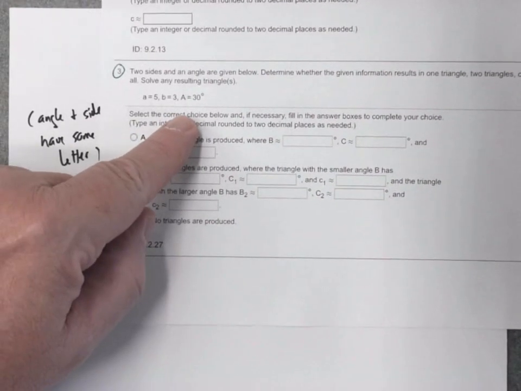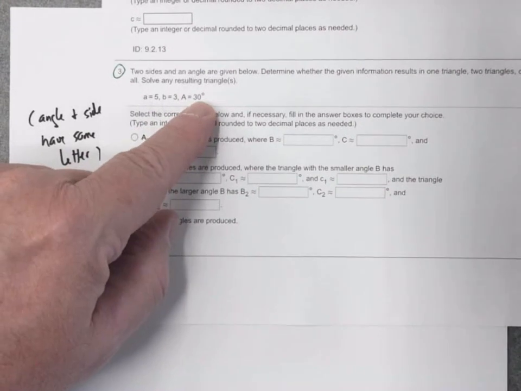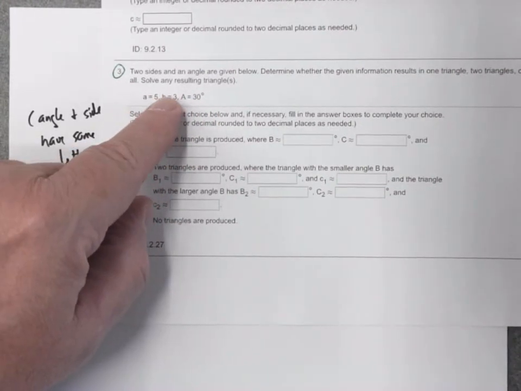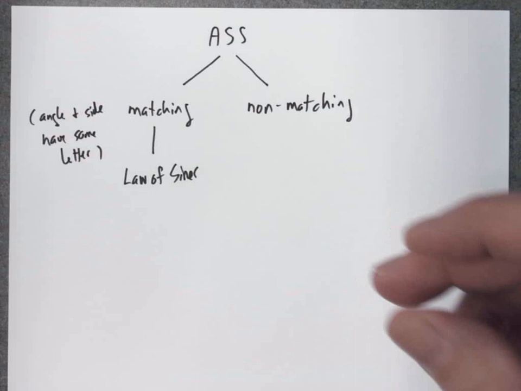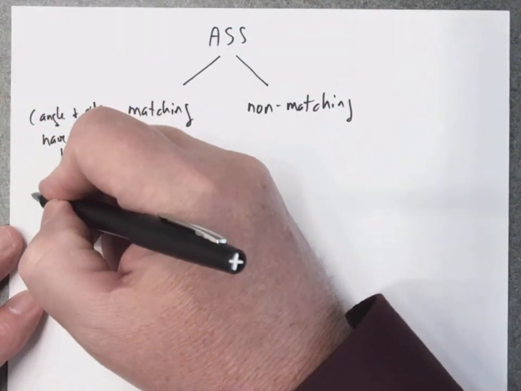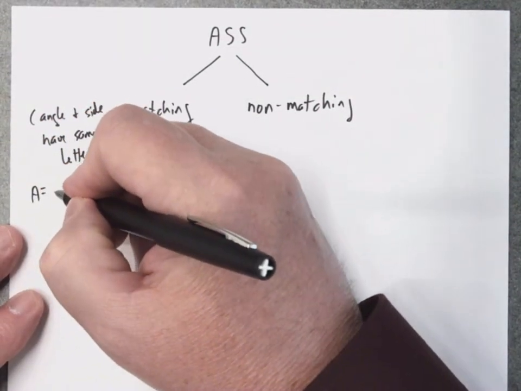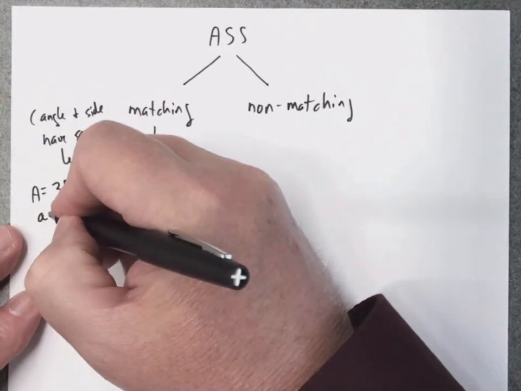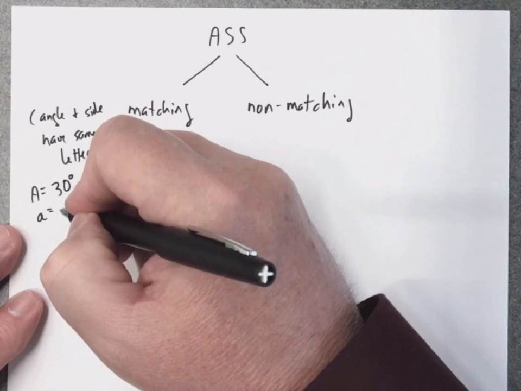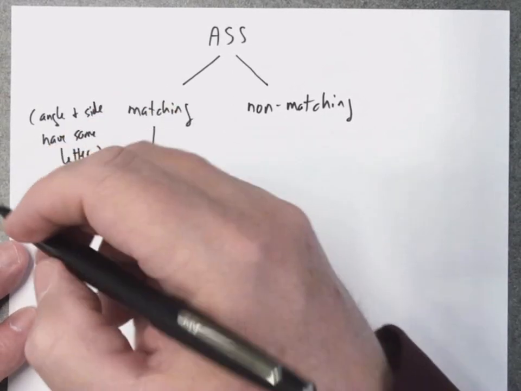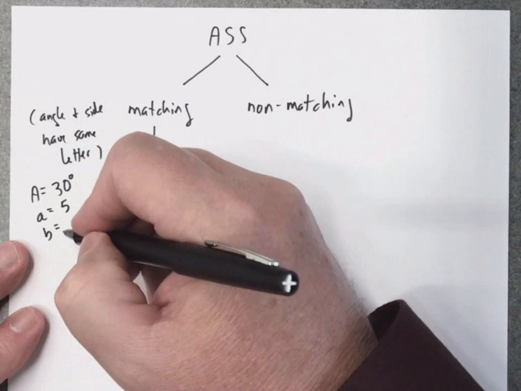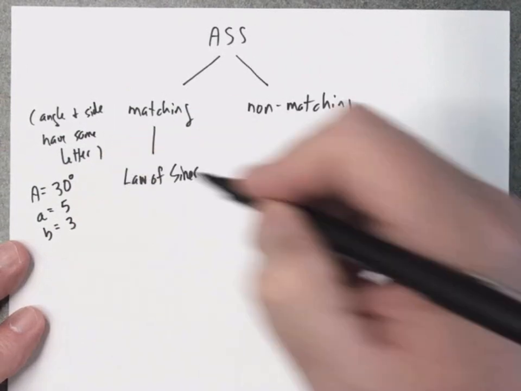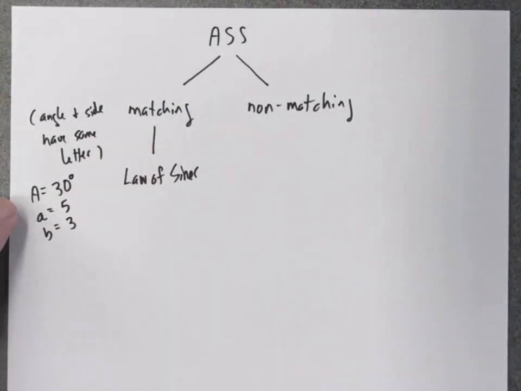Because look, my angle's A, we have side A and side B. So for the problem we're going to do in a minute, they told me 30-degree angle A, side A is a length of 5, and side B is a length of 3. I call this matching, angle A and side A. So in a minute, we're going to solve this using law of sines.